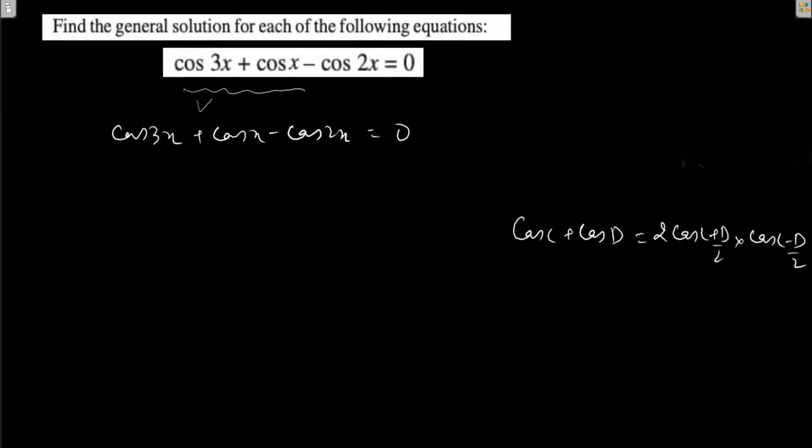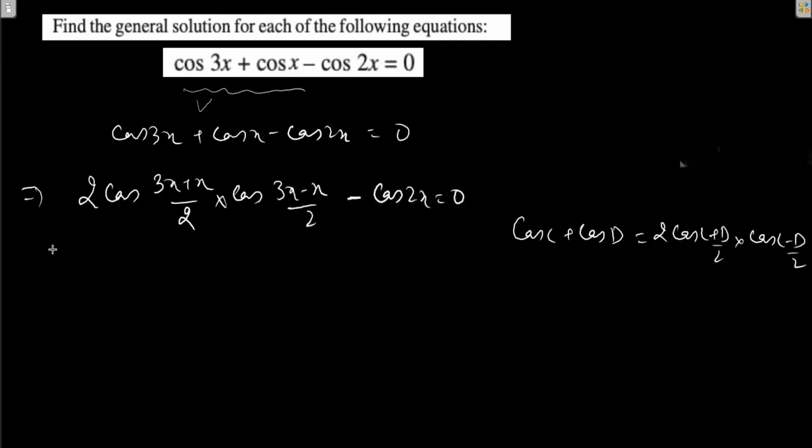So now I'll take these two together, so I'll say 2 cos of (c plus d) by 2, which is nothing but (3x plus x) by 2, into cos of (c minus d) by 2, which is (3x minus x) by 2, right? And this minus cos 2x will be minus cos 2x itself, right?